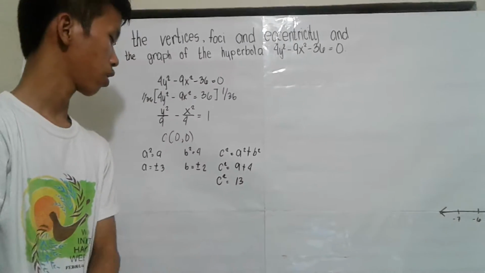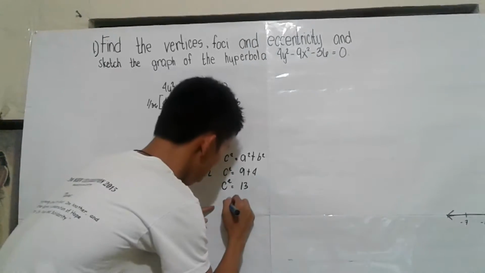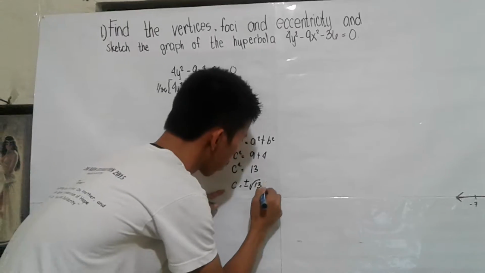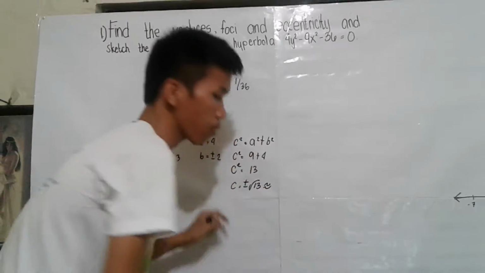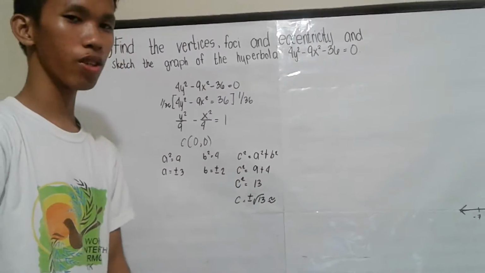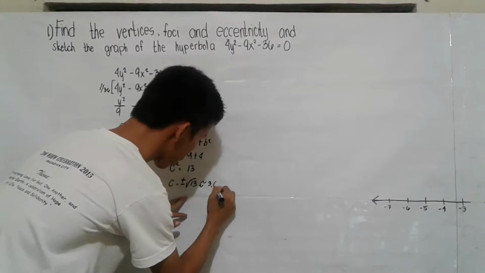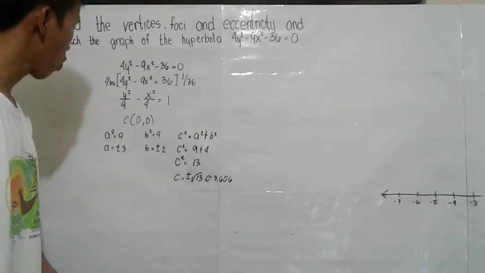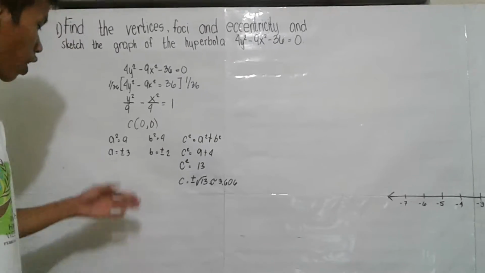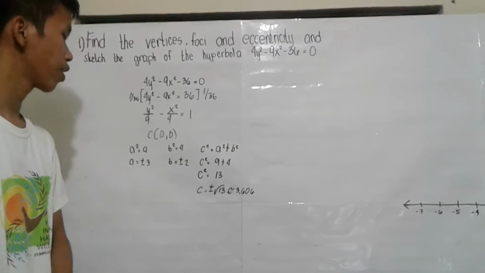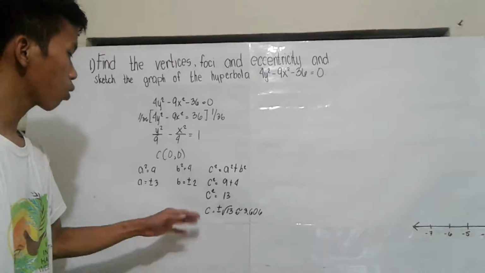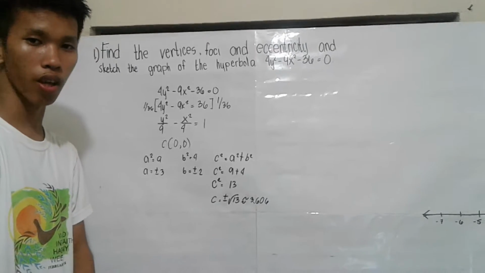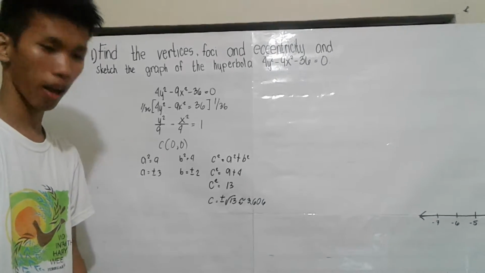Then take the square root. So c is plus or minus square root of 13, or its approximate value is 3.606. So now we have already found the values of a, b, and c. Through these values we can find our vertices, foci, and the points of the conjugate axis.